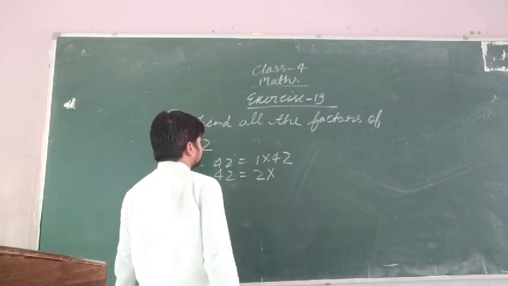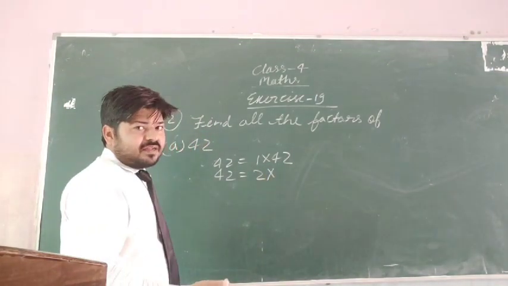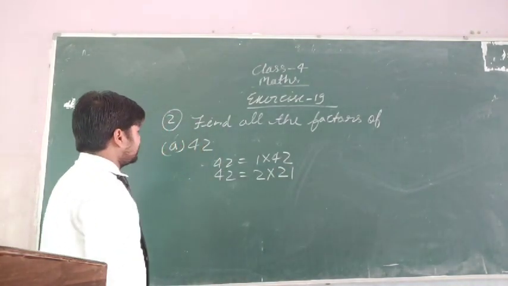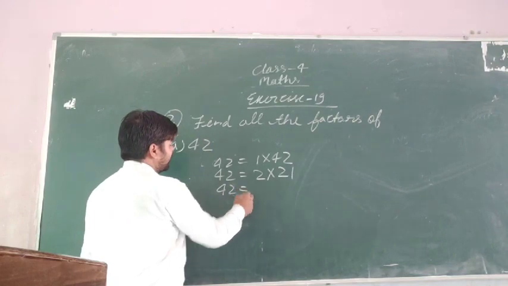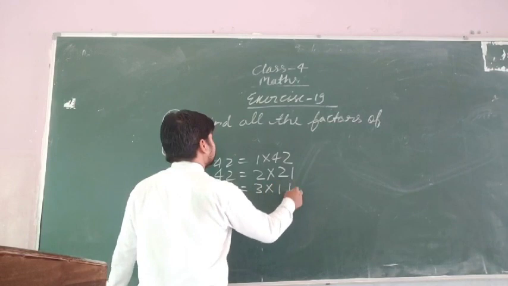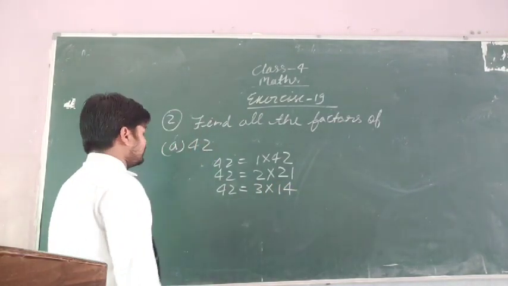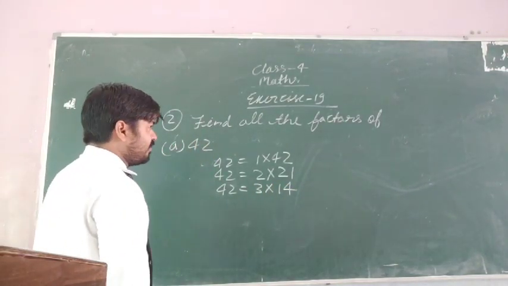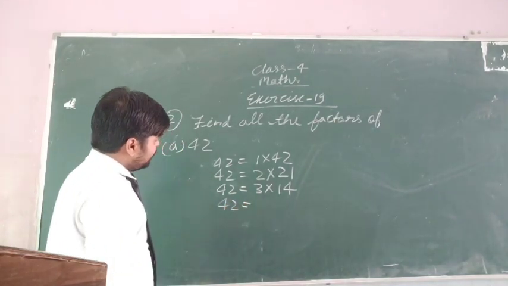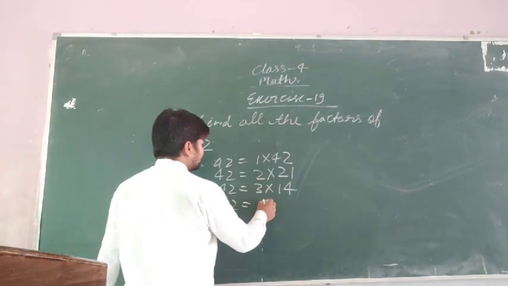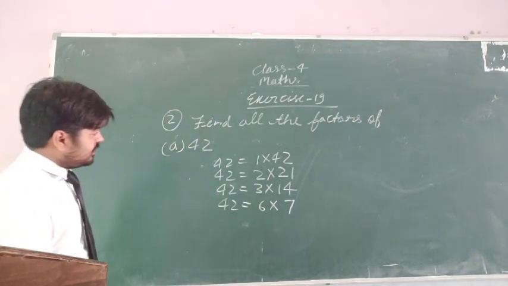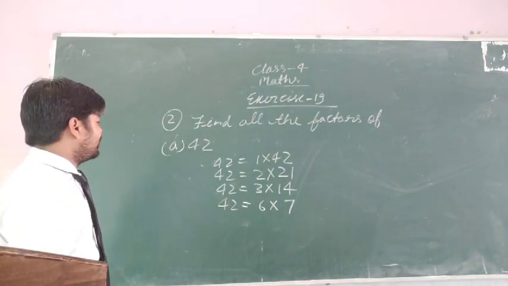How many times? So you can check by divide, 21 times it will go. Okay. Next, by 3 it will go or not? Yes. By 4? No, by 4 it is not divisible. By 5? No. By 6? It is divisible.